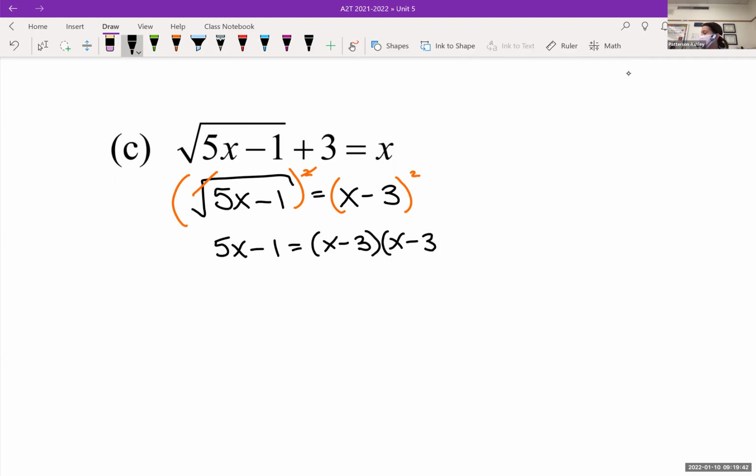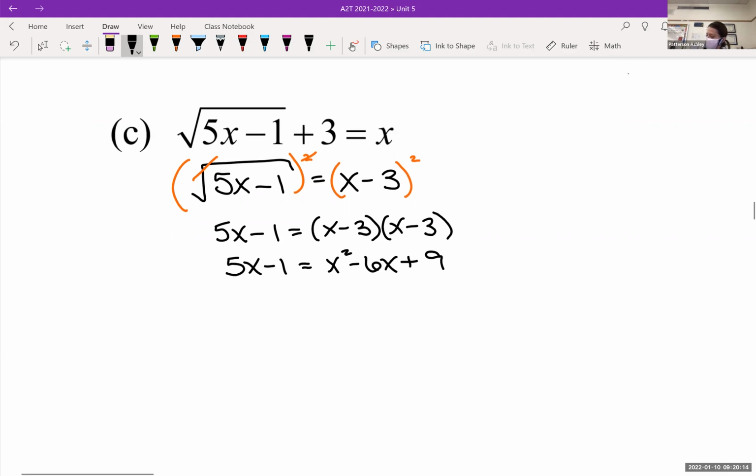When you square a quantity, you're multiplying the quantity by itself. And some of you are probably thinking, yeah, you say that a lot. Well, yeah, it's because we're still making that mistake off and on, okay? So it's good to have the reminder. Go ahead and FOIL with me on the right-hand side, please. We still have 5x minus 1 equal to x squared minus 6x plus 9.